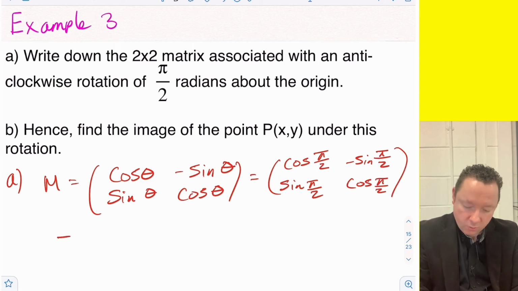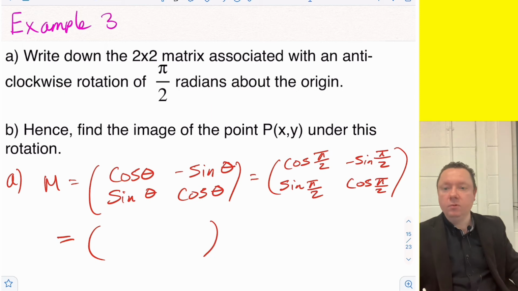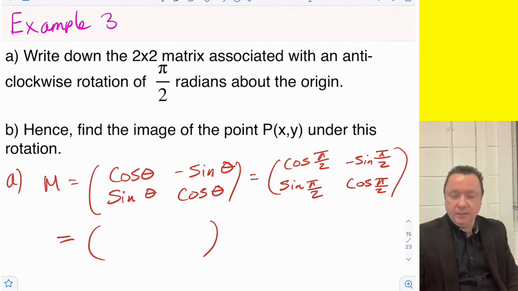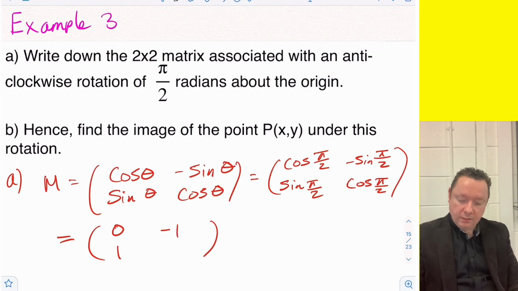That equals, well, we're thinking in degrees, that's 90 degrees. So the cos of 90 is 0. The sine of 90 is 1, so that's minus 1, 1, and 0 again.